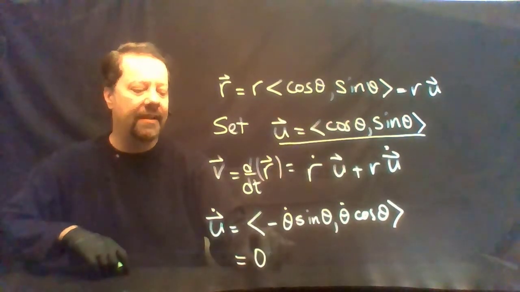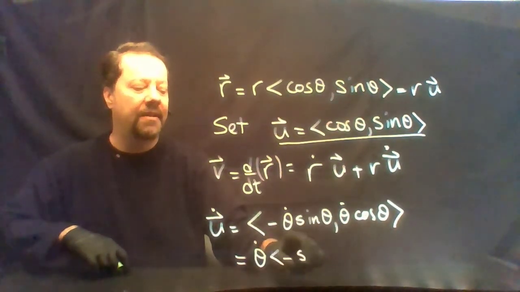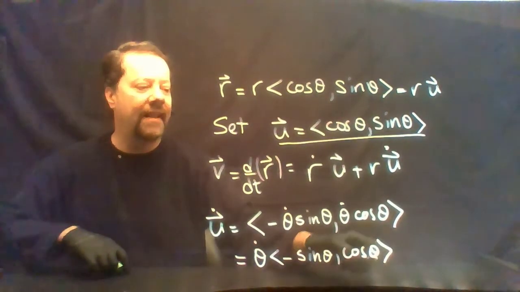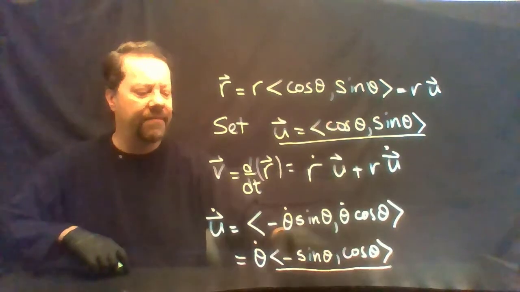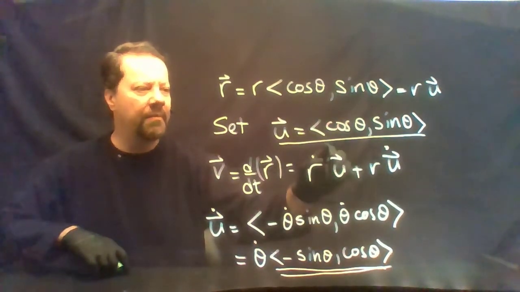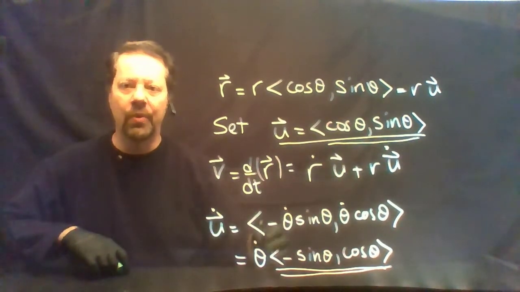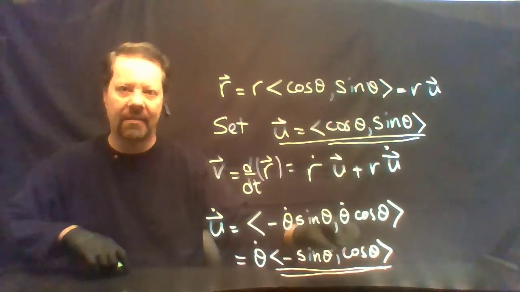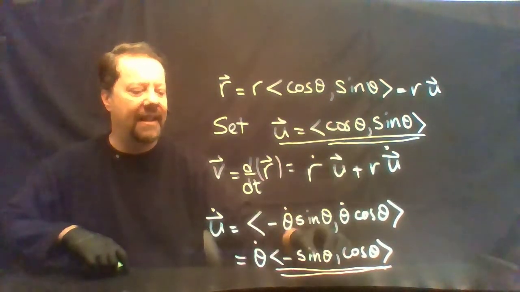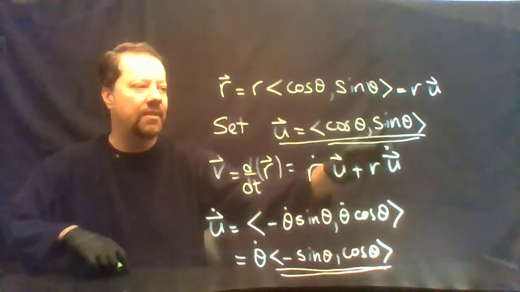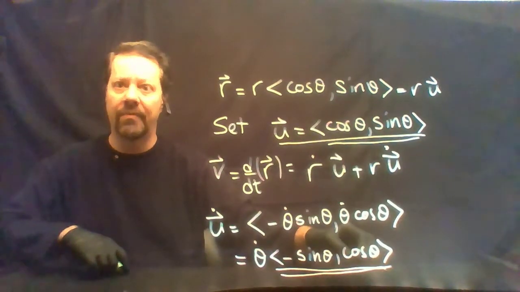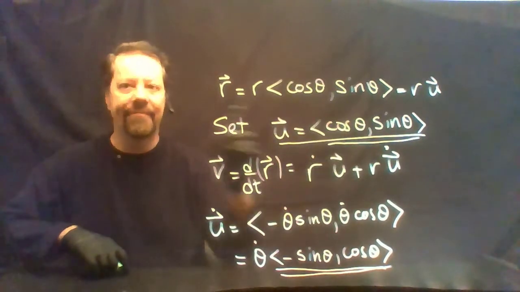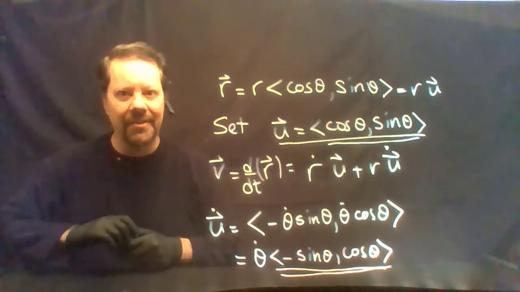All of this simplifies as theta dot times the vector minus sine theta, cosine theta. I want to think about this vector a little bit compared to the vector u. If we dot u with the vector minus sine, cosine, we end up with negative sine cosine plus sine cosine, which is 0, which means this vector is orthogonal to u. I'm going to introduce another notation.